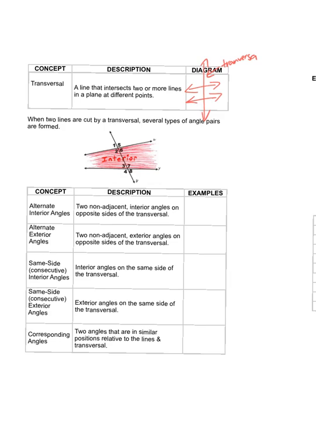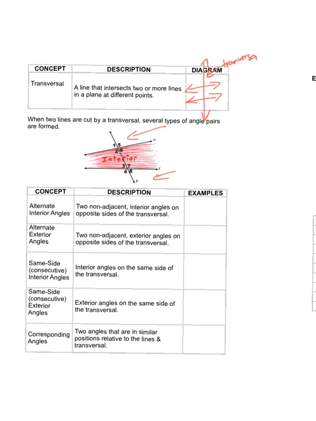If you look at this diagram, the entire area between lines X and Y would be considered interior. Anything on the outside here and here would be considered exterior. That will help you when you're trying to decide whether something's exterior or interior.